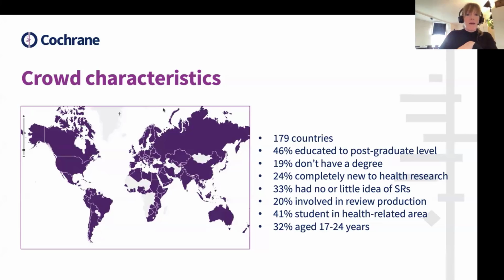But then we've also had about a fifth involved actually in the production of a systematic review. And we've got a large proportion, 41% students in a health-related area. And our most popular age bracket currently on Cochrane Crowd is 30, with 32% aged between 17 and 24 years.